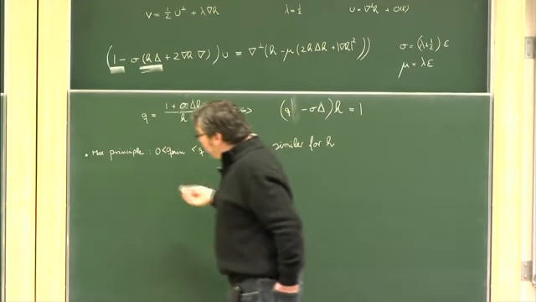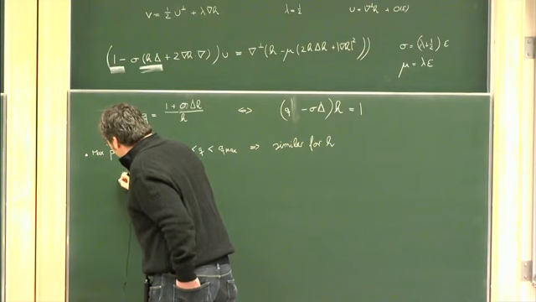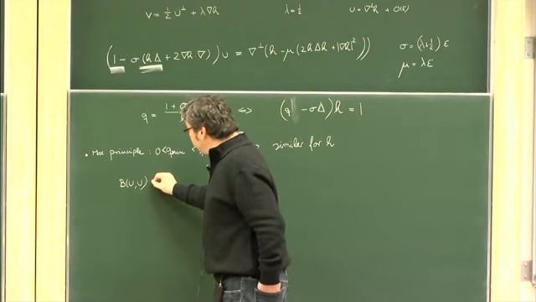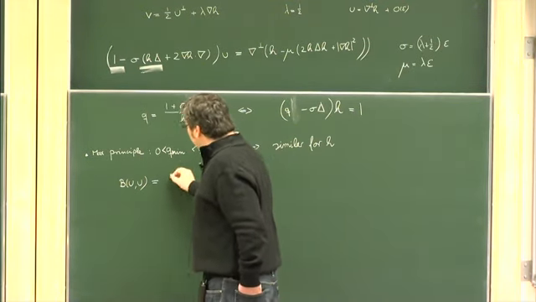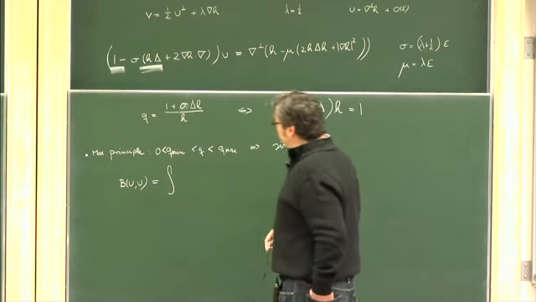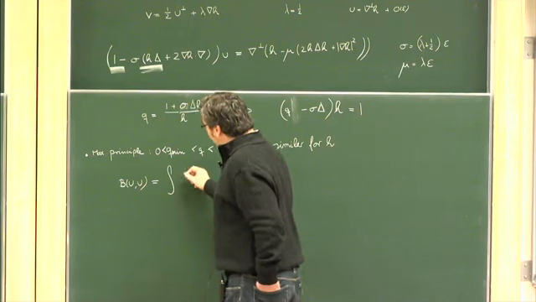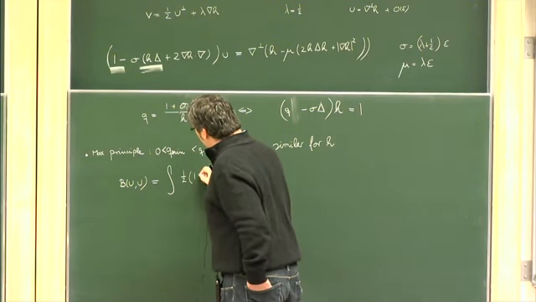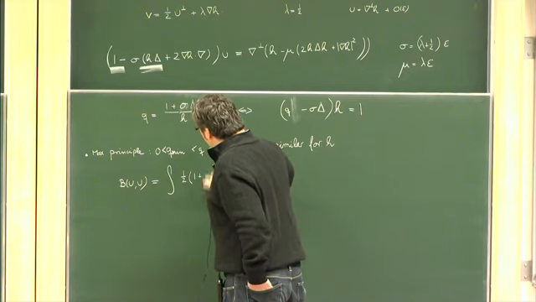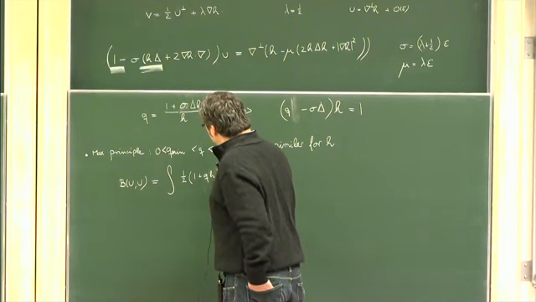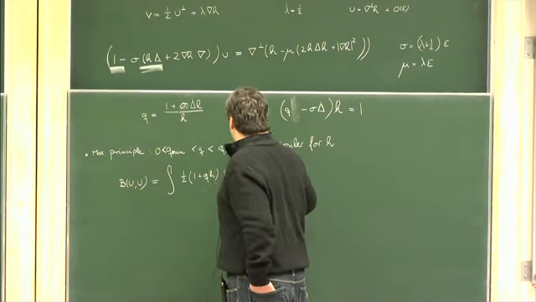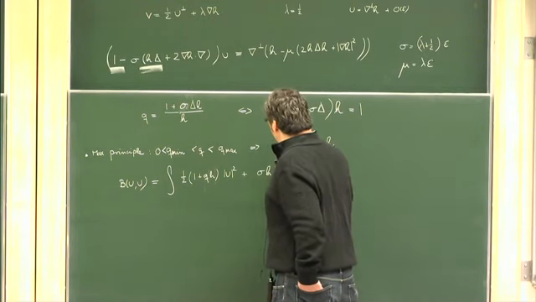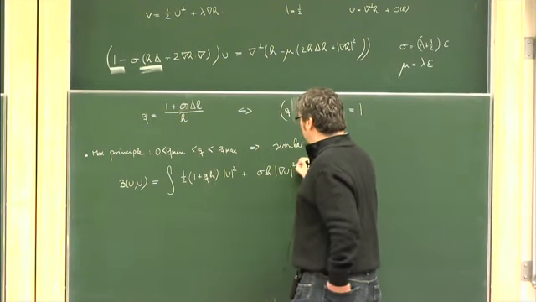What turns out is, for the obvious bilinear form with equal arguments, and again I shall not do the computation here, one gets 1/2 times (1 plus QH) mod U squared plus sigma H mod gradient of U squared.